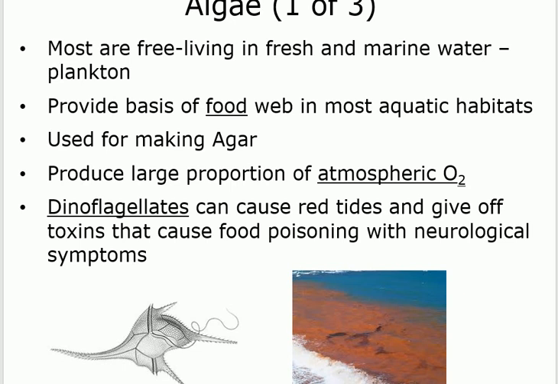Dinoflagellates, like what you're seeing there, give that red tide look to the water, and if that's the case, you're not supposed to go closer to that water. Okay? If you see the red tide, stay away. Why? Because they produce toxins, and these toxins can cause neurological symptoms.